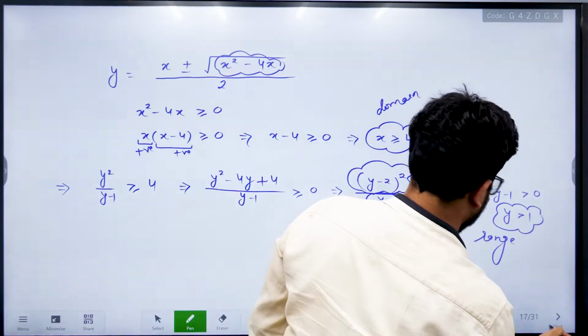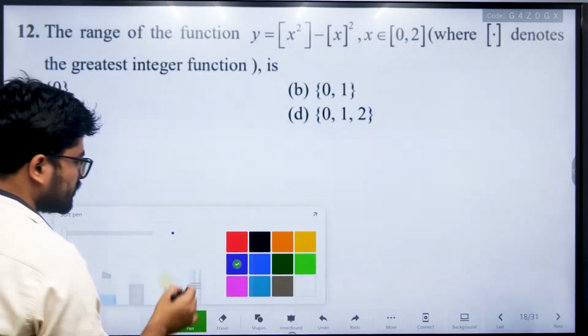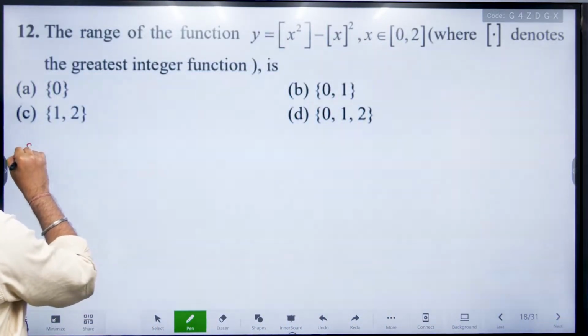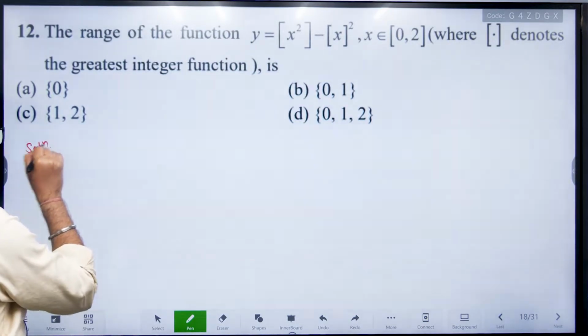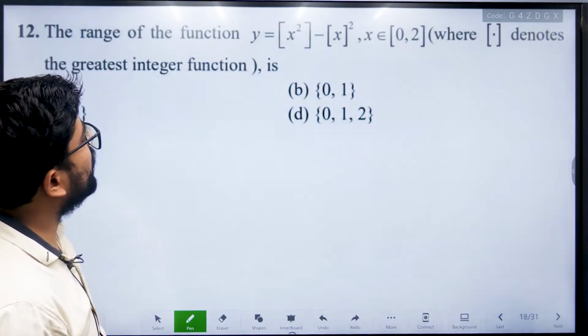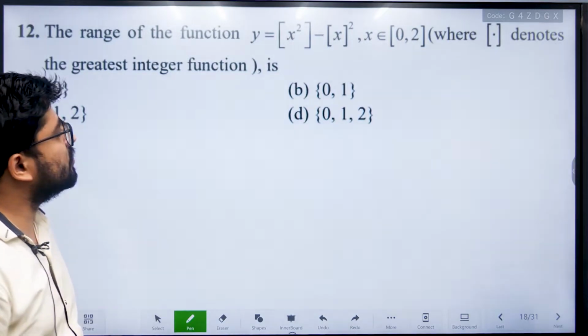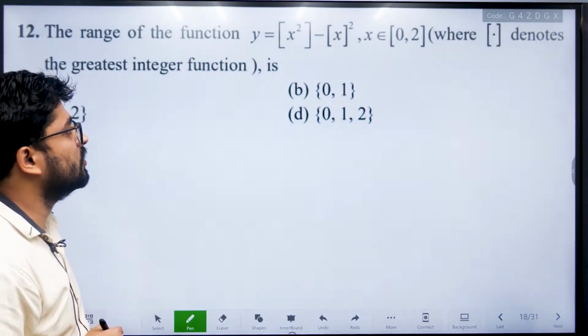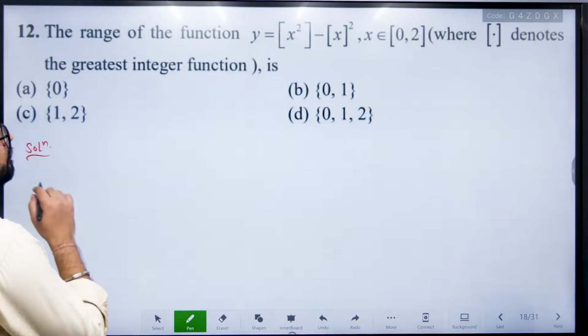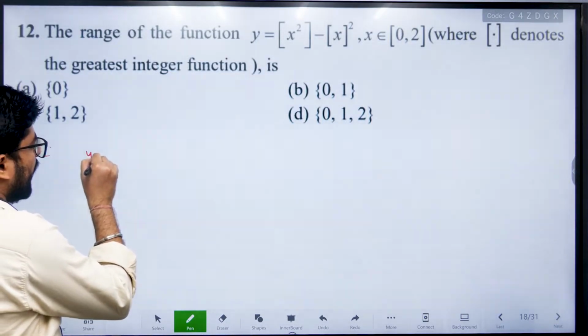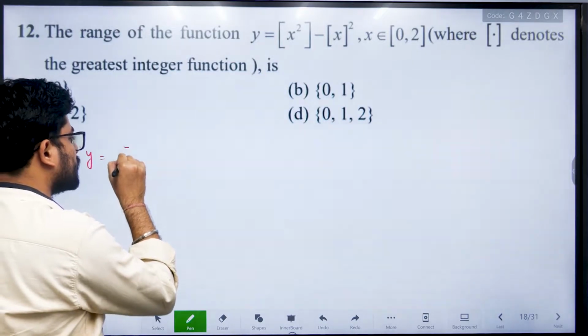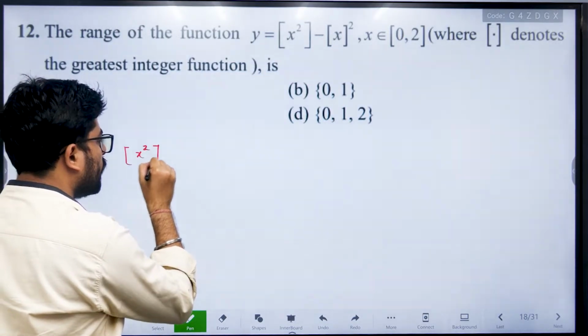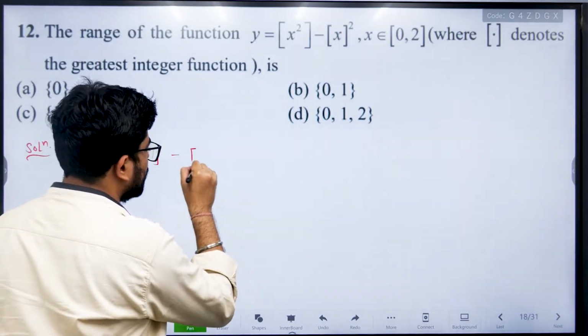Now let's do the next one. Next question is: the range of the function, this one, the greatest integer function. So y is equal to greatest integer of x square minus greatest integer of x whole square.